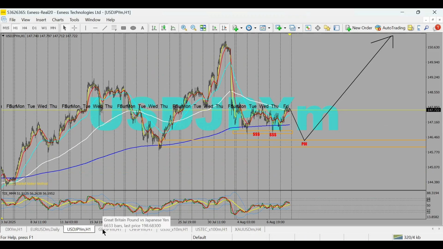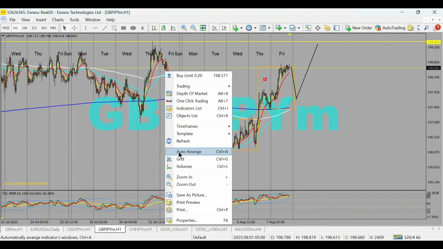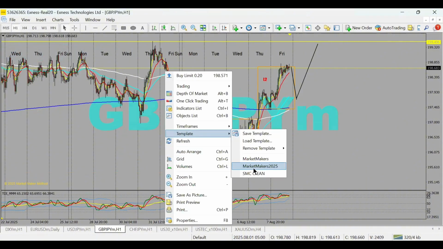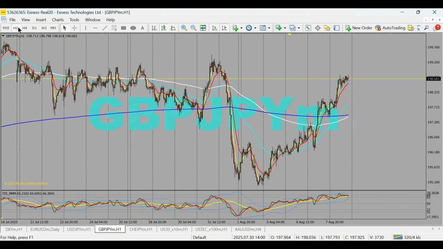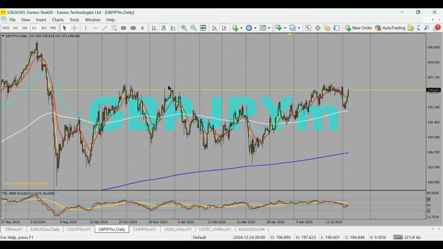All right, let's move on lastly to GBPJPY. Let's also clear this out, and let's start from the beginning. Let's have a look at the daily time frame. From the daily perspective, what I can see on this pair is we are currently in level 2. We had our peak formation low right there on the 800 EMA.